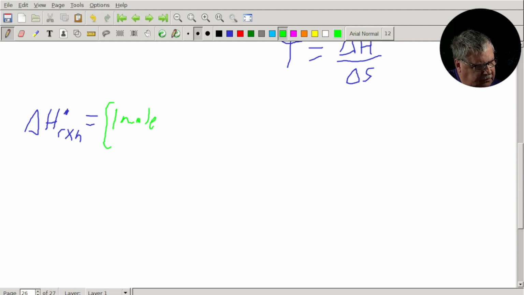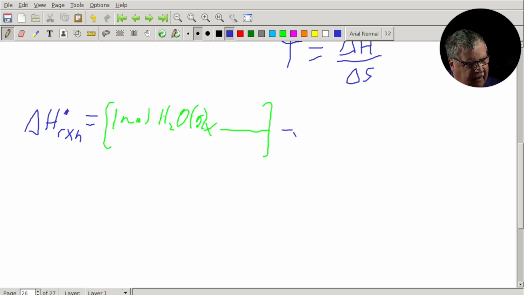In our products, we have 1 mole of H2O gas times whatever the standard enthalpy of formation is for water gas. And in our reactants, we have 1 mole of H2O liquid.